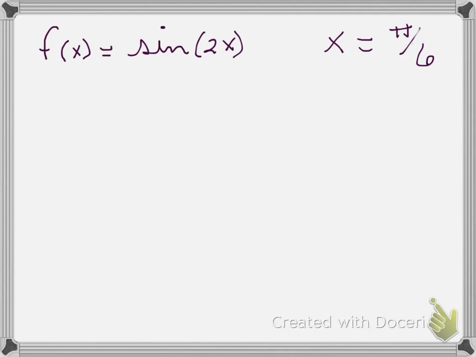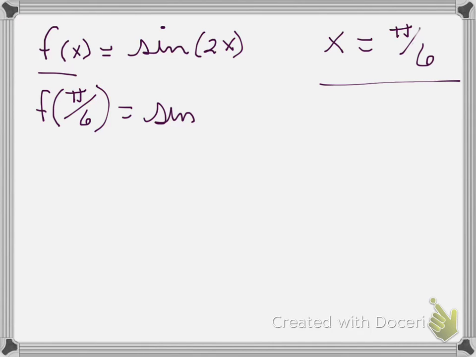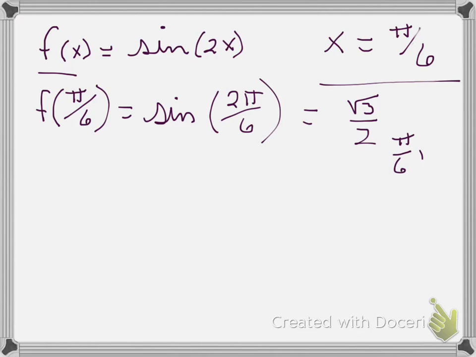And I said to write the equation of the tangent line to f of x when x equals pi over 6. Well, we need a point and the slope. So the first thing I'm going to do is find f of pi over 6, which becomes the sine of 2 pi over 6, which is pi over 3. Sine of pi over 3 is the square root of 3 over 2. Okay. Now, so we've got the point pi over 6, square root of 3 over 2.